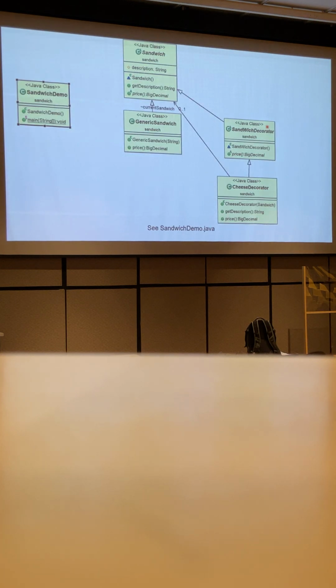Let's see how it would be implemented in Java code. So we have a generic sandwich. It's not a generic class, right? Don't be fooled by the name. It just says baseline sandwich, so to speak. Then it implements the sandwich abstract class, right? See, it's in italics, so it's abstract.